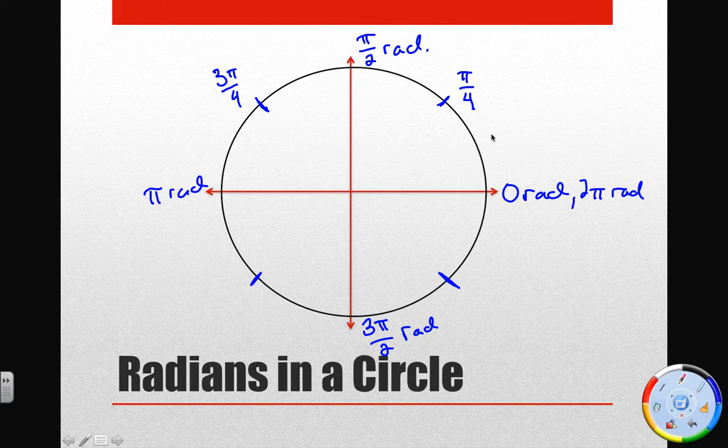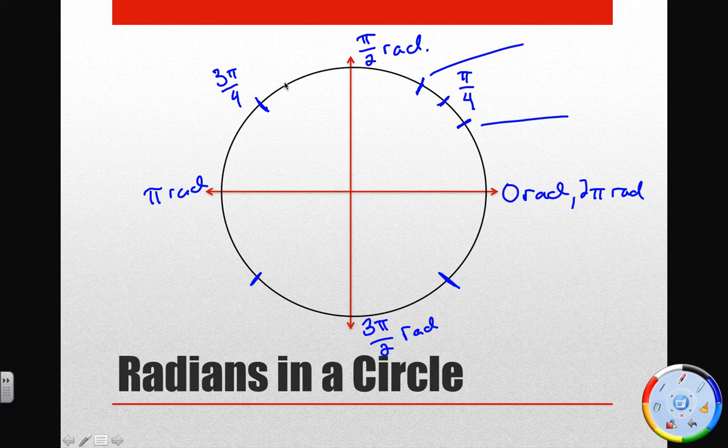Well, I want you to start thinking critically about if this was 30 degrees, what would that be in radians? You can do the conversion factor multiplying by pi over 180, or you can think about fractions, which is kind of important for us here. If this was 60 degrees, what would that be in radians?